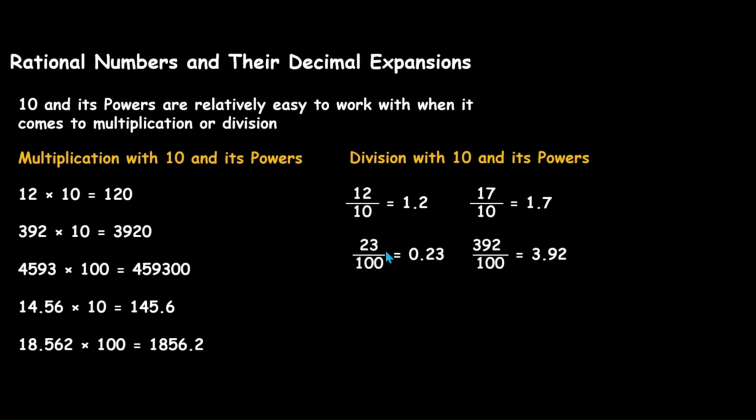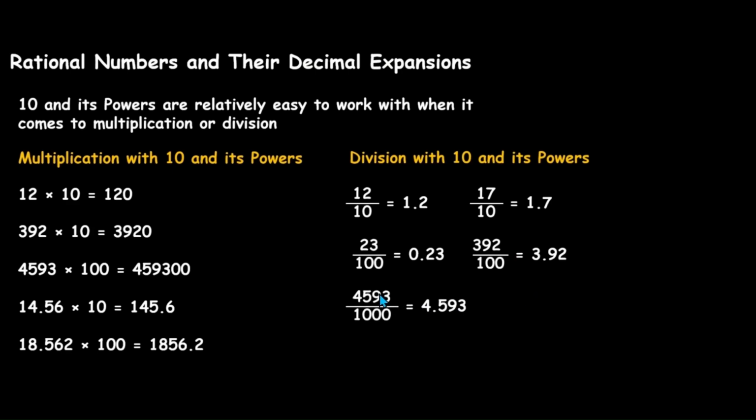And when some number is divided by 100, because 100 has two zeros, two digits will move to the right of the decimal point. So 23 divided by 100 will give us 0.23, and 392 divided by 100 will give us 3.92. 9 and 2 are moved to the right of the decimal point here.